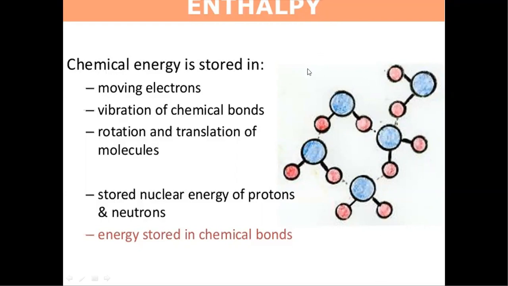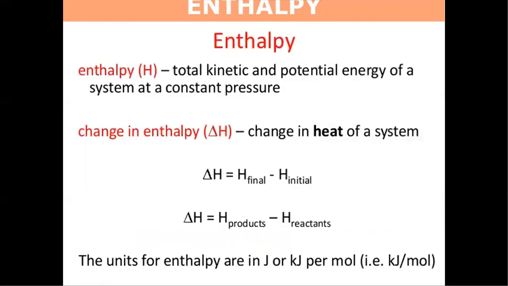These are the atoms and molecules which have chemical energy, and they will be vibrating. Due to the vibration of these atoms or molecules, chemical energy is produced, and this energy is of two types: kinetic energy and potential energy. So this is the definition of enthalpy.